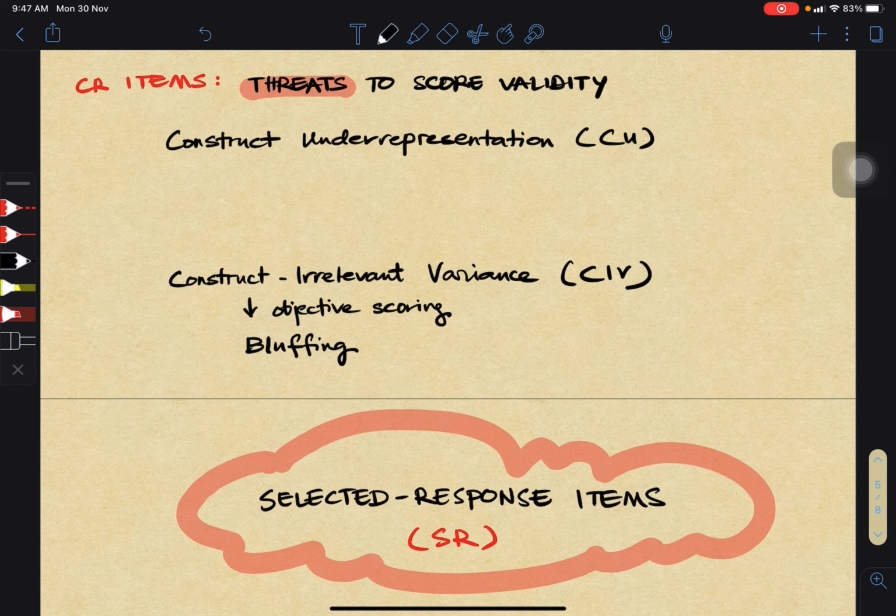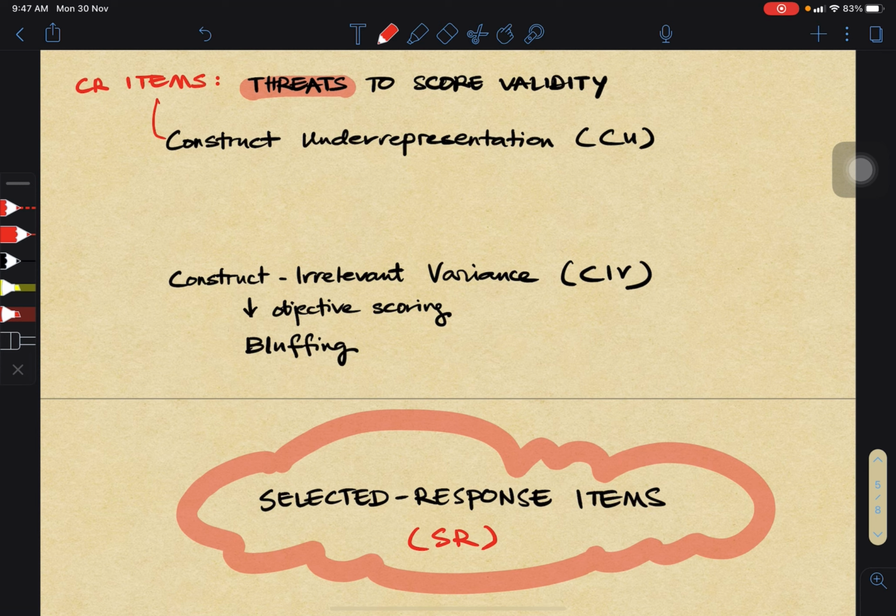This will be a common trend, and when we are discussing all the paper-based, the observer-based, the workplace-based assessment types, we will, as much as possible, have a section where we discuss the threats to validity, right? So in CR items, what are the main threats to validity?